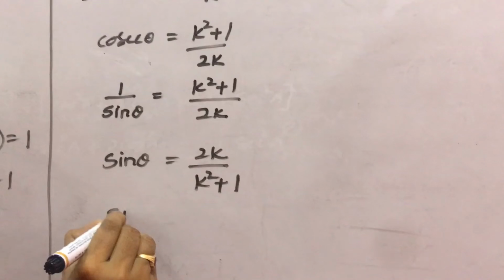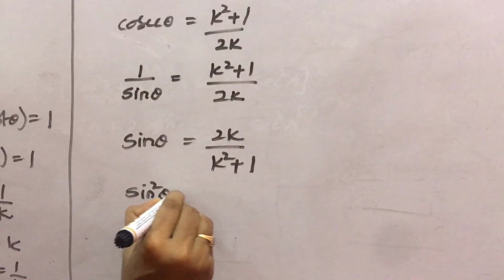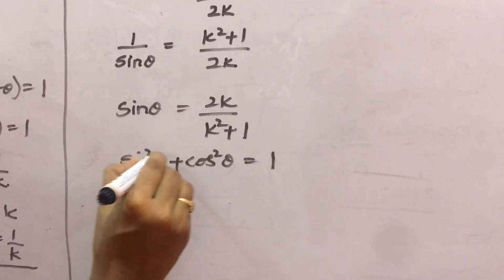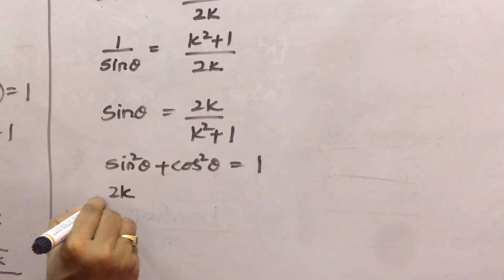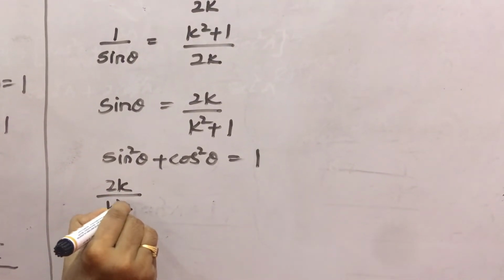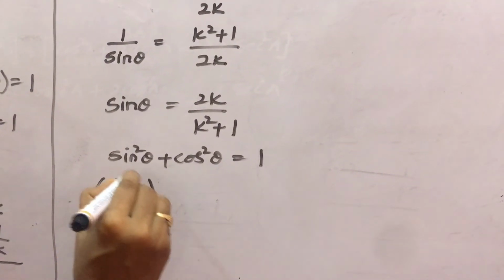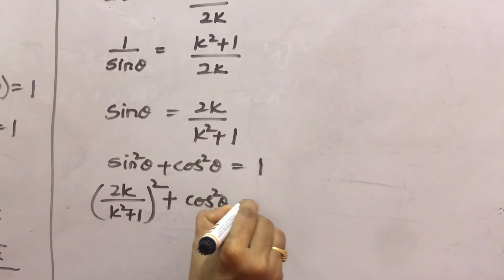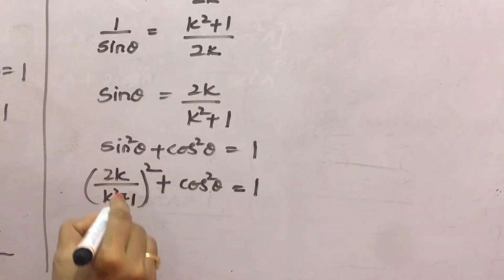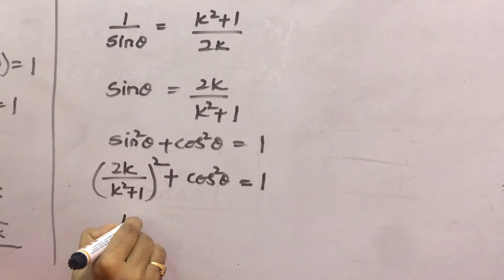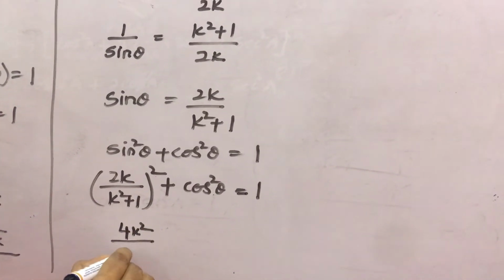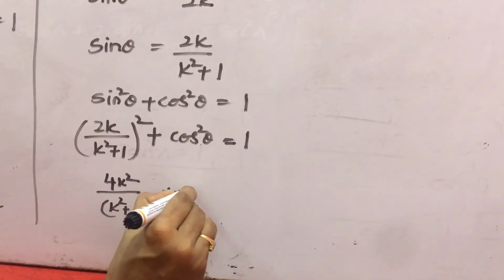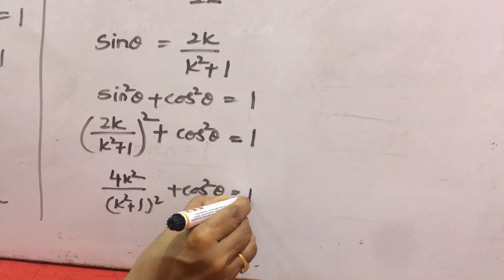But we know the first trigonometrical identity is sin square theta plus cos square theta is equal to 1. In this we know the sin theta value. We are replacing this sin theta by 2k by (k square plus 1), whole square is there, that's why I am writing whole square, plus cos square theta is equal to 1. Here (2k) whole square is equal to 4k square by (k square plus 1) whole square, plus cos square theta is equal to 1.